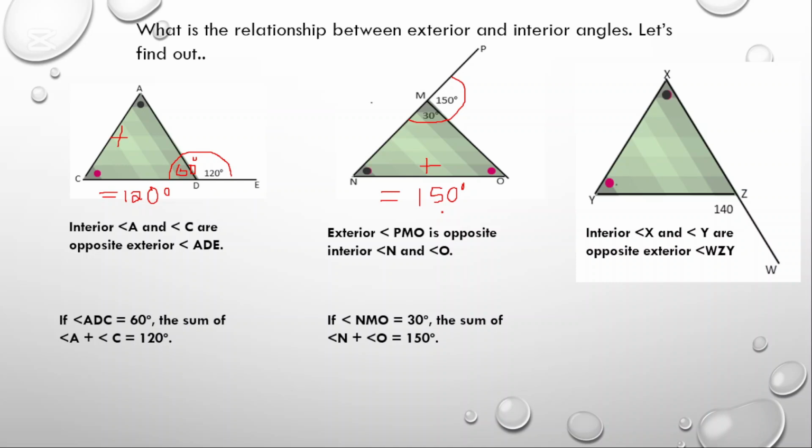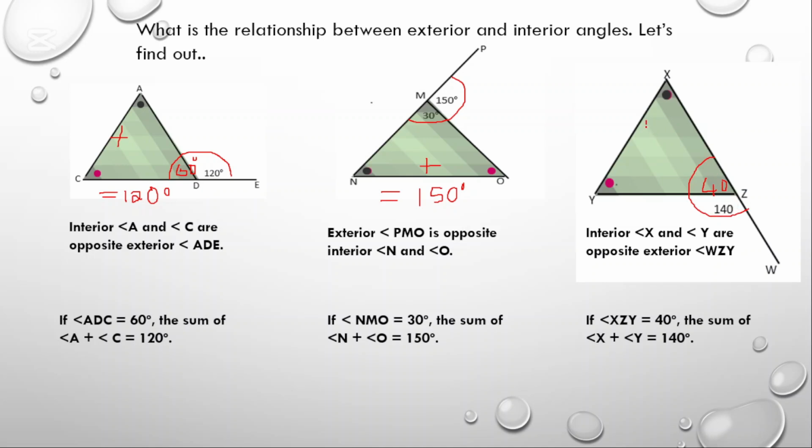Look at the last one. If XZY is 40, right, this one is 40, we know it's true because of this supplementary adjacent angles on a straight line.